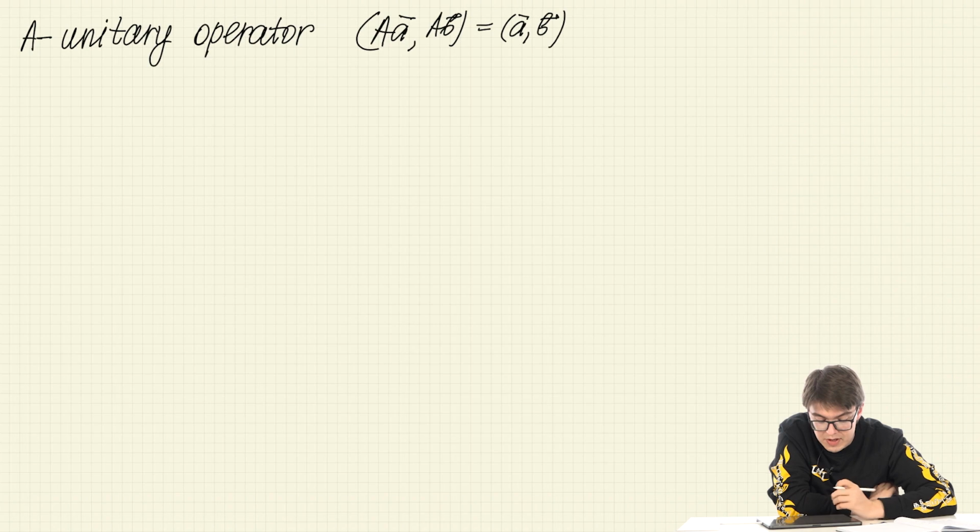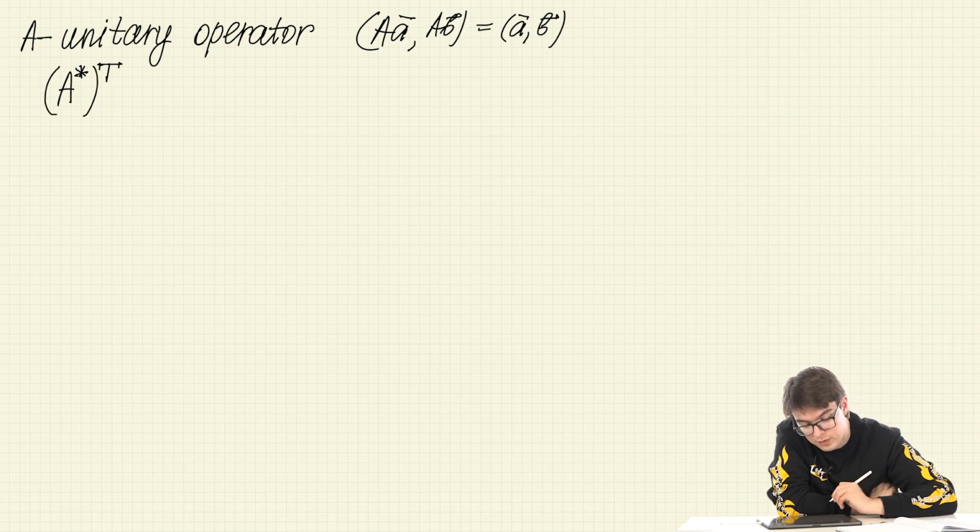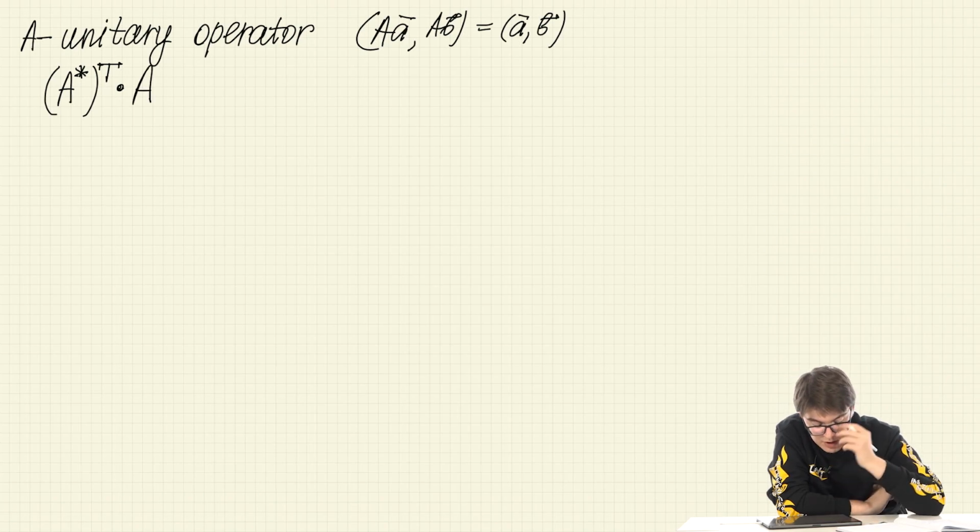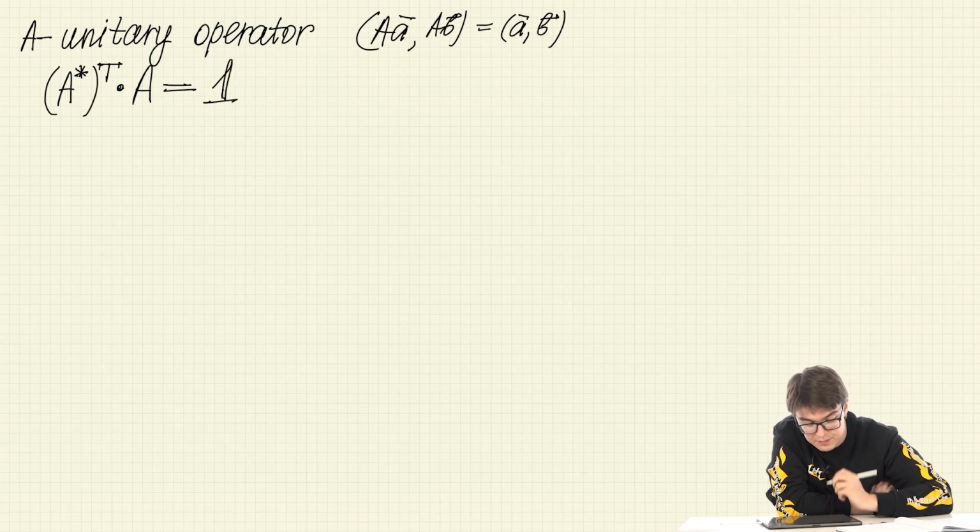Since we have complex conjugation, the matrix which is complex conjugated and transposed both, multiplied by the original matrix, should give again the unity matrix.